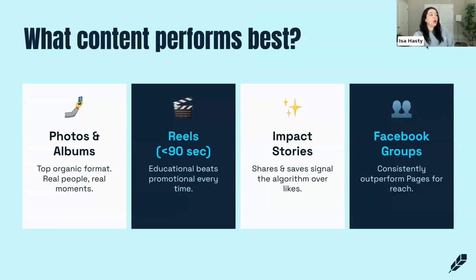All right, so what kind of content performs best when it comes to organic social? We all know this, but photos and albums. They're visual platforms, and so you want to show up as much as you can with imagery, with visuals, with photos of real world things. If you're an association or a member-based organization, it might be people at a conference interacting.